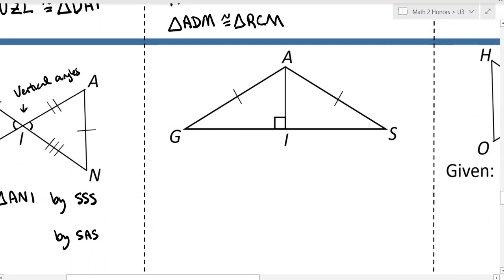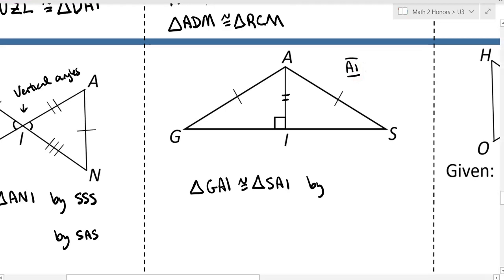This next one, we could say that triangle GAI is congruent to triangle SAI by what? Well, we have this shared side. AI is congruent to AI.